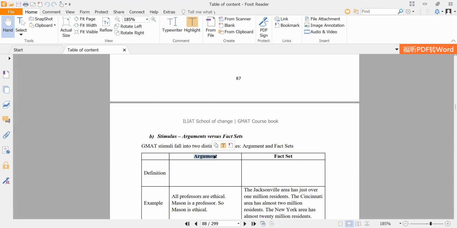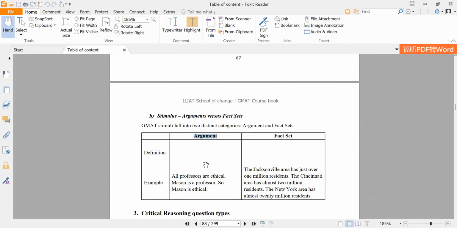So obviously an argument could be right, could be wrong, we don't know, but it is just an opinion of that author or a person or a group of people or some subject in the passage that is trying to make. And usually our role in these critical reasoning questions is to evaluate that argument.